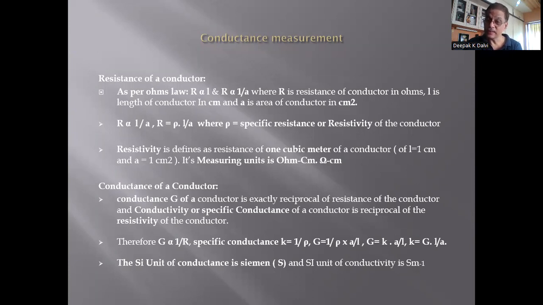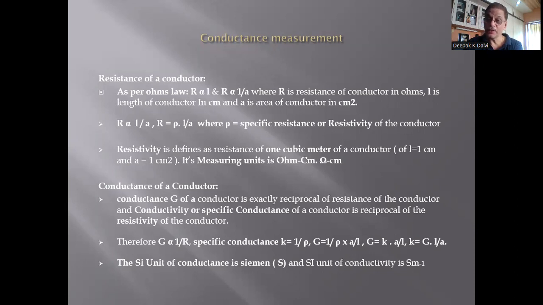Lesser the distance, lesser the length of the conductor, then the resistance will be low. Means current flow will be easy, or it will increase. Now, inversely proportional to area means what?